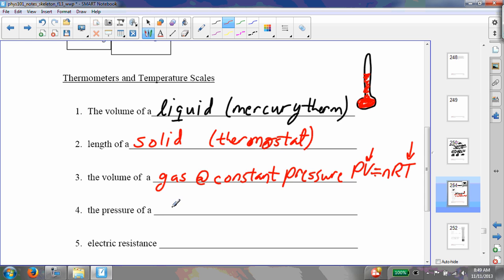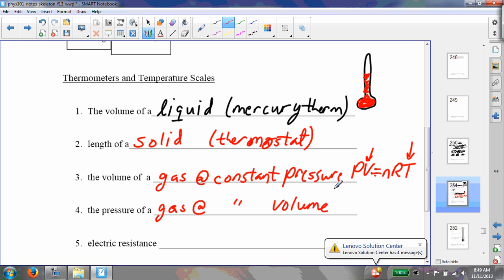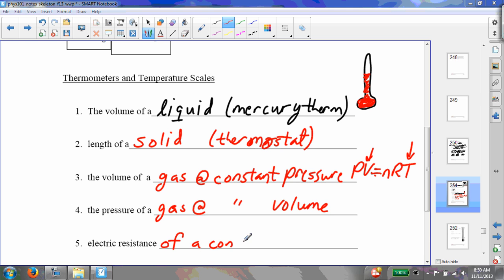The pressure of a gas at constant volume works in a similar way, except now we're saying we have constant volume, and if the temperature changes, the pressure is going to change. Then there's the electric resistance of a conductor. These are called thermocouples, thermistors, thermometers.